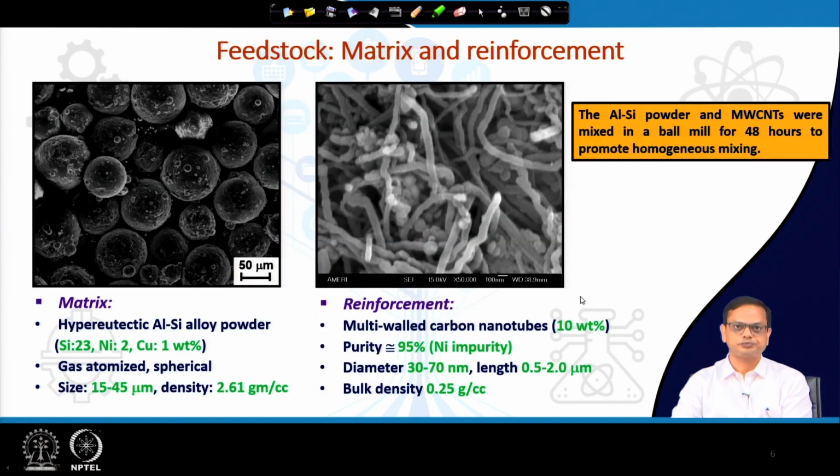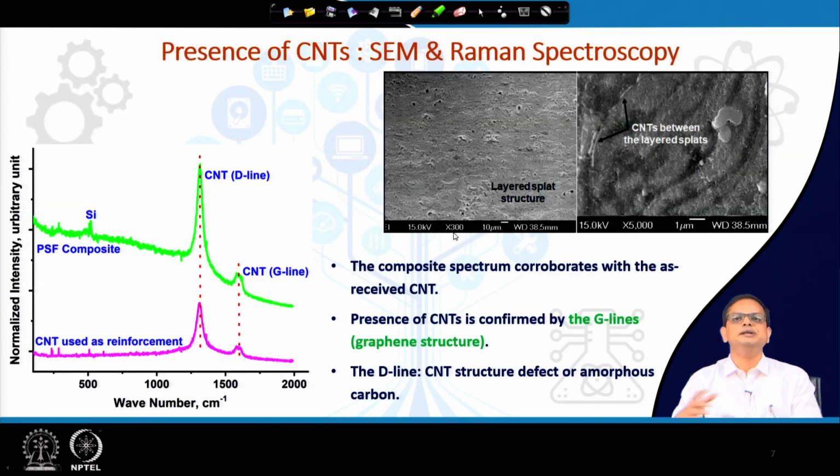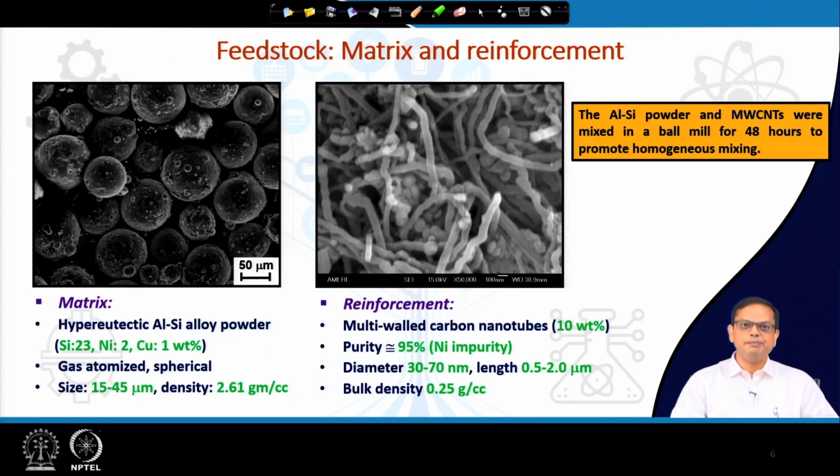And as I showed earlier also, these are matrix powders, aluminum silicon alloy powder made by gas atomization. That is why these are spherical powders, and then you can see the carbon nanotube also. The diameter is in the range of 30 to 70 nanometer. Now, these two powders, aluminum powder and carbon nanotube, have been mixed together in certain proportion.